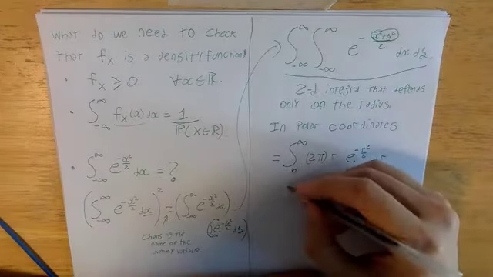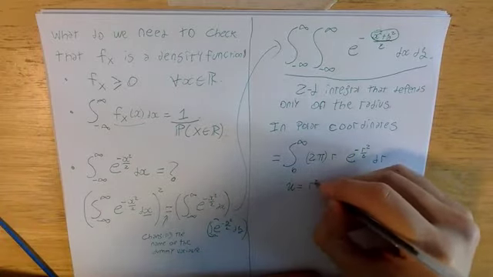Okay, so now we make the substitution u equal to r squared over 2.